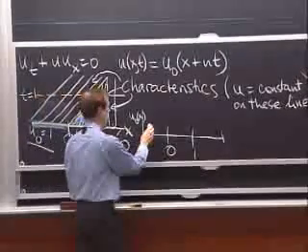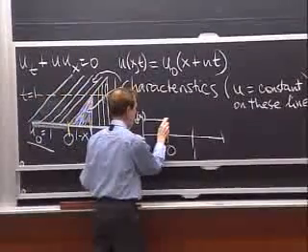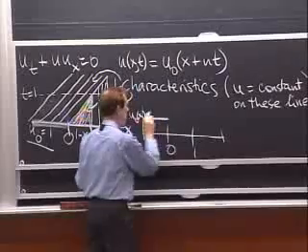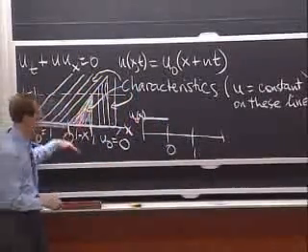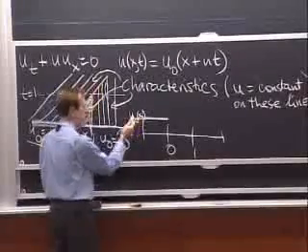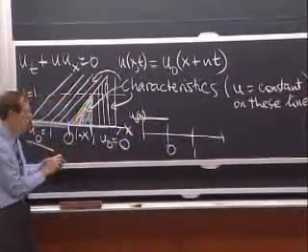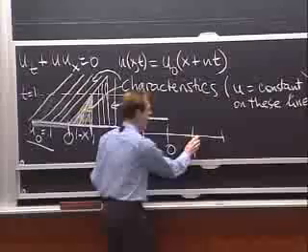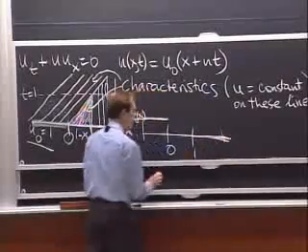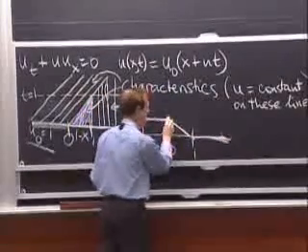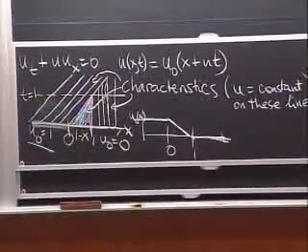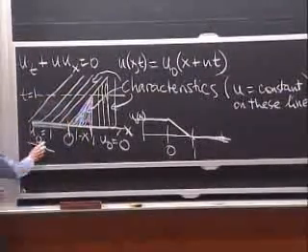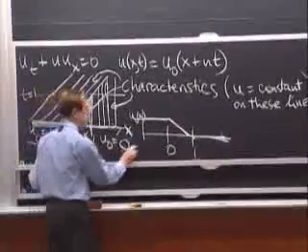So u0 of x, I start with a constant initial function, a constant profile to the left of 0, and a constant profile to the right of 1, and linear between. Okay.